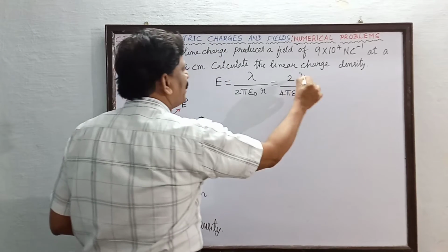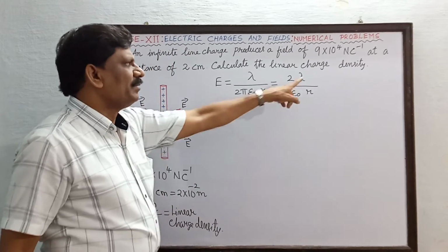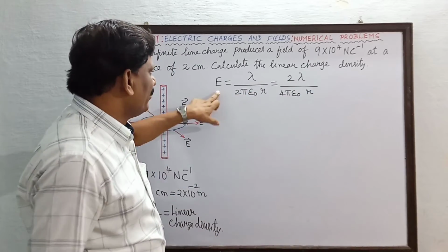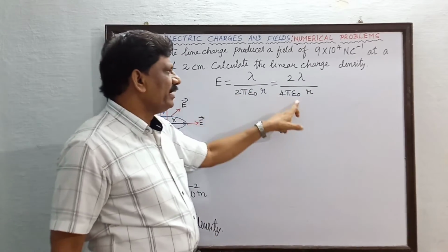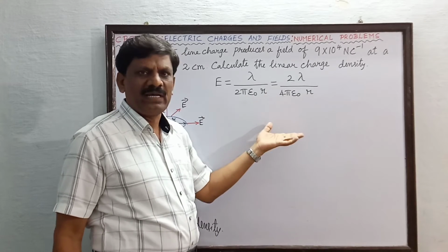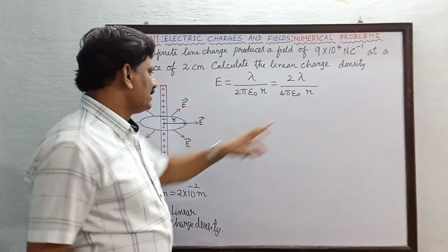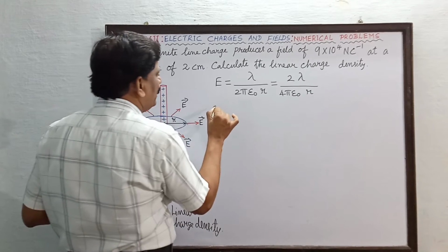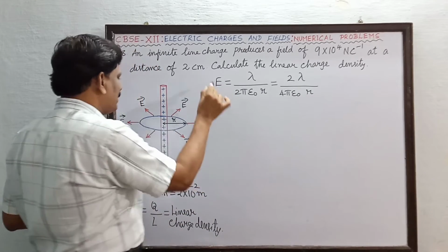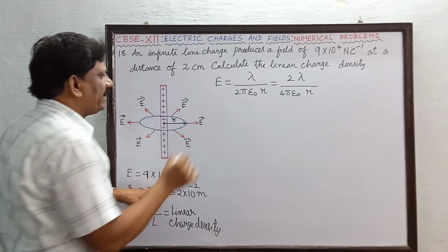So from this equation we have to determine the value of lambda. The value of E is given, the value of 4 pi epsilon naught, its reciprocal, we know, and the value of r is given as 2 centimeter. In place of E, I am going to substitute 9 into 10 power 4.